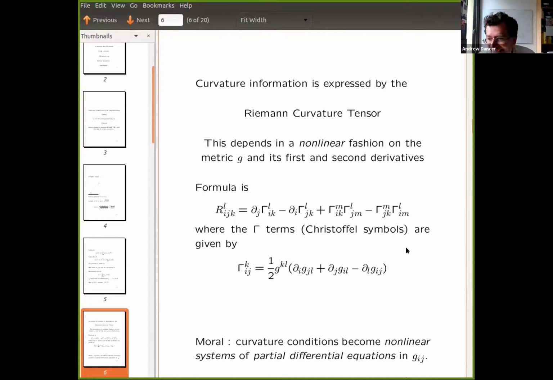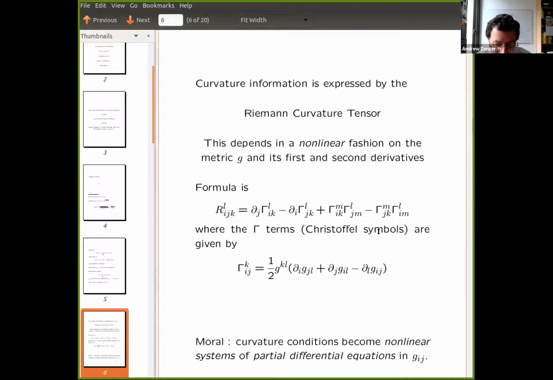So the precise formulae aren't so important. This is something most people will be familiar with as a kind of curvature object, a derivative bit plus a quadratic bit. But the key point is that any kind of curvature conditions on a Riemannian manifold will become nonlinear systems of partial differential equations in the metric coefficients.